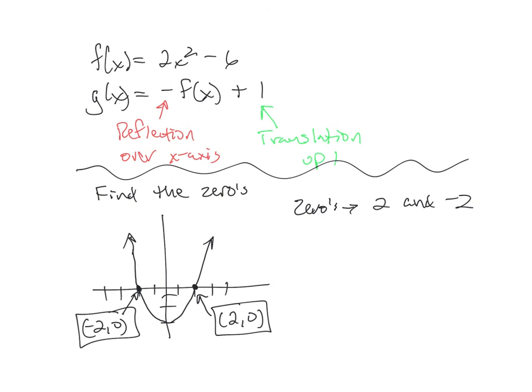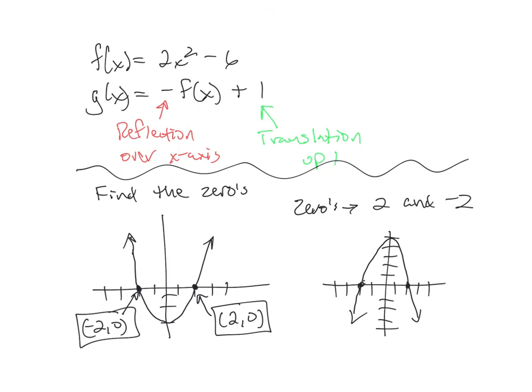Okay, it doesn't matter. I don't know if weird is the right word or not, but to me it's interesting. Maybe not to you guys, but that's okay. The zeros are still 2 and negative 2, even though the graph is upside down.